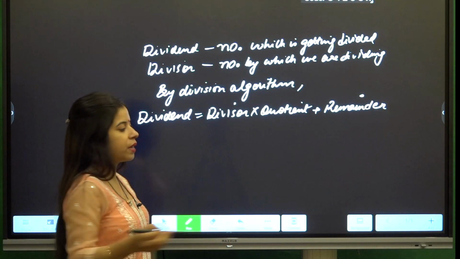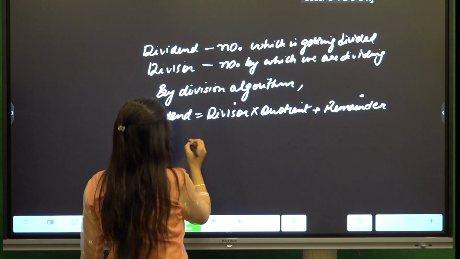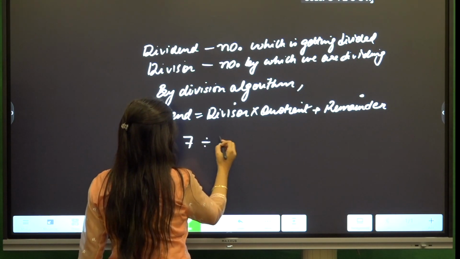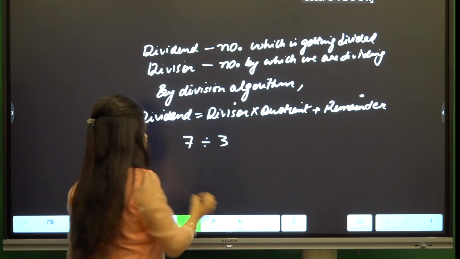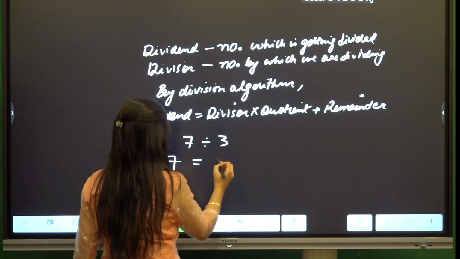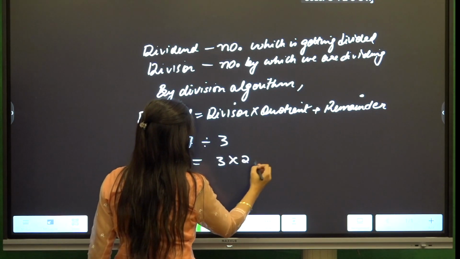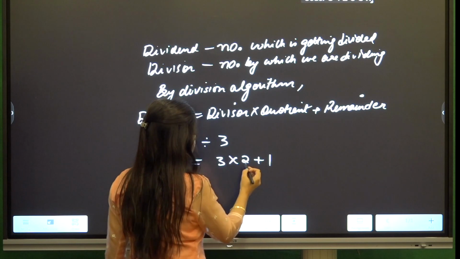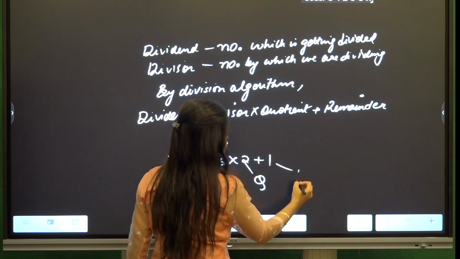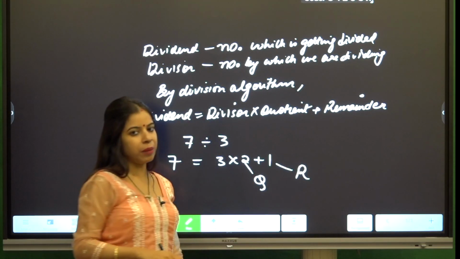For example, if 7 is divided by 3, we can write this as 3 into 2 plus 1, where 2 is the quotient and 1 is the remainder.